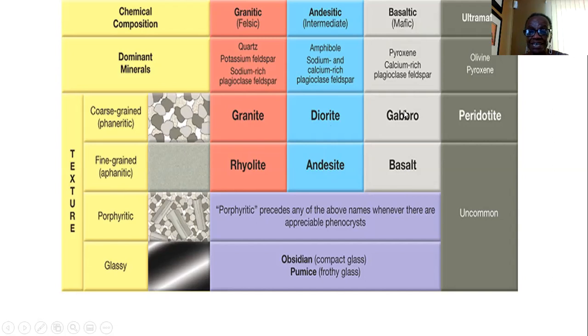So we can say gabbro and basalt have the same composition, but a different texture. Texture again is related to cooling rate, and the color of the rock and the composition has to do with the minerals that they contain.